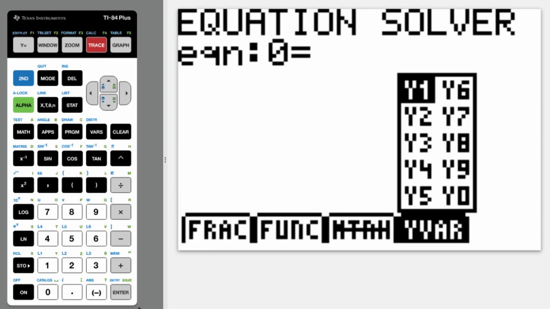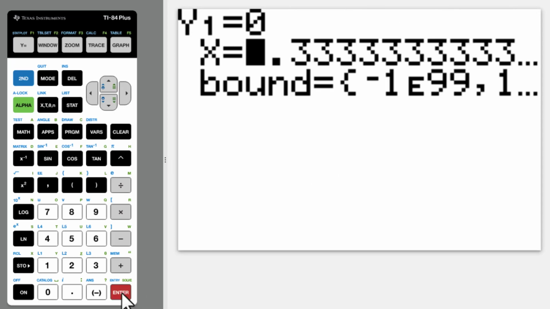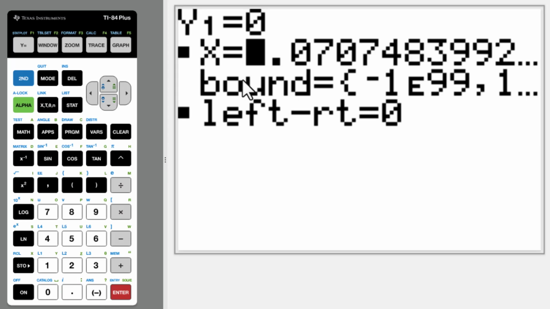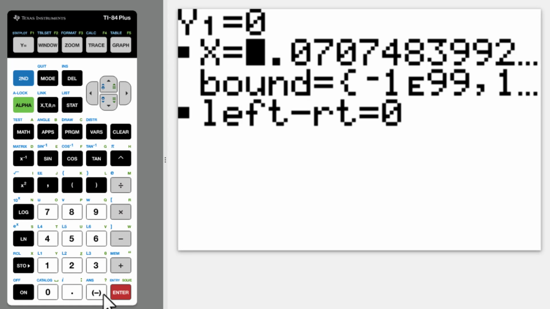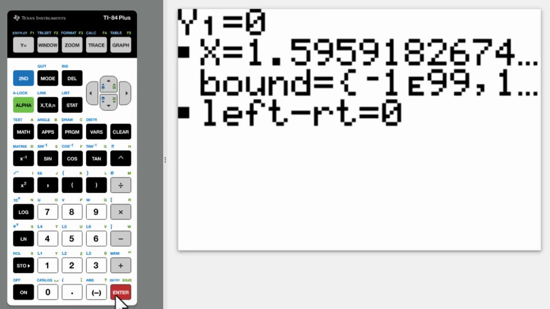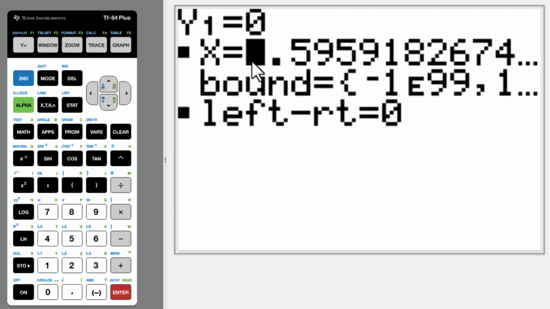Alpha trace y1, enter. Put 10, then alpha, enter. Answer is 5.0707. Put negative 10, alpha, enter. Answer is 1.595.